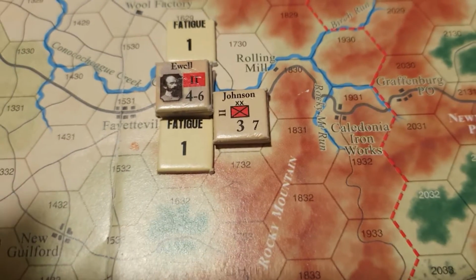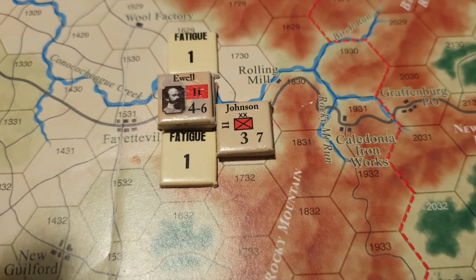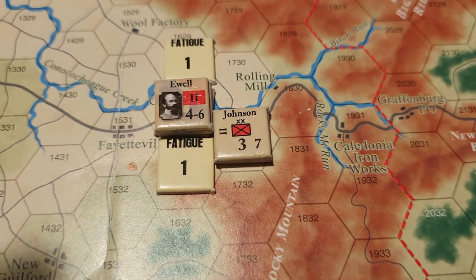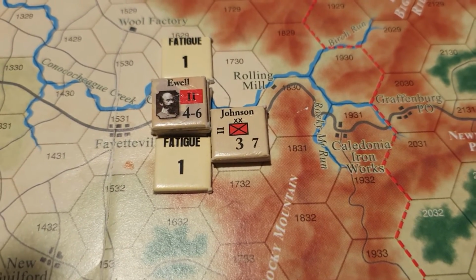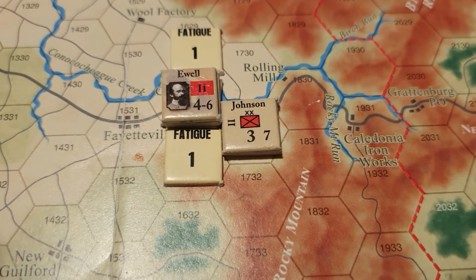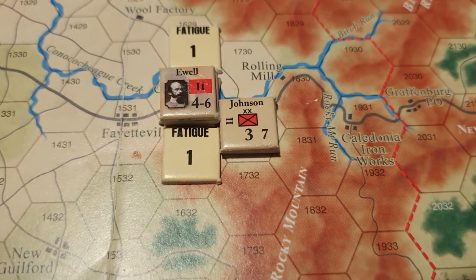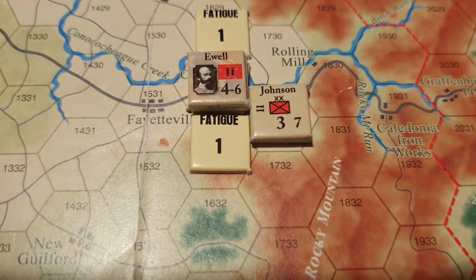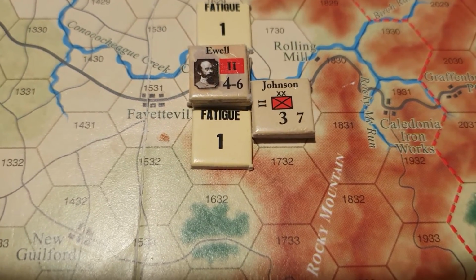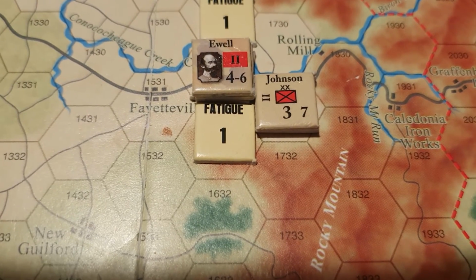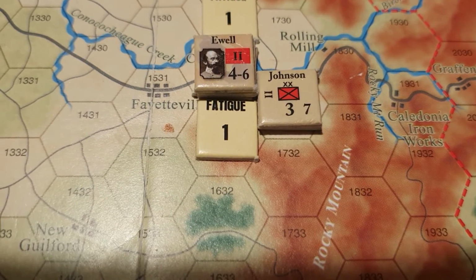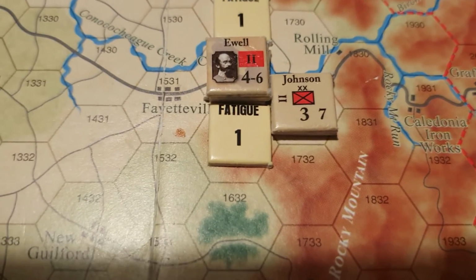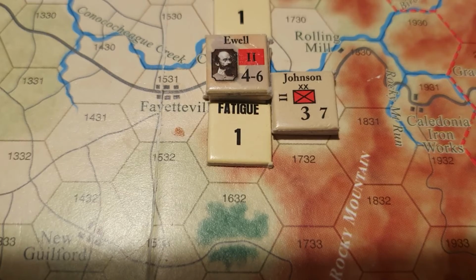Okay, at this point I have moved. Johnson moved 4, and Ewell will only move 3, because to move into a hex where there are already friendly units, there's a penalty in movement points, and the larger the force in the hex you're moving into, the bigger the movement points penalty, and Ewell hasn't got enough movement points to enter Johnson's hex.